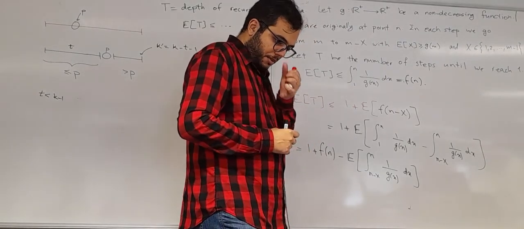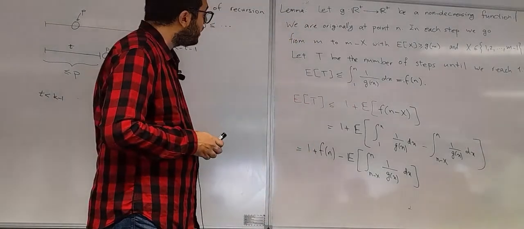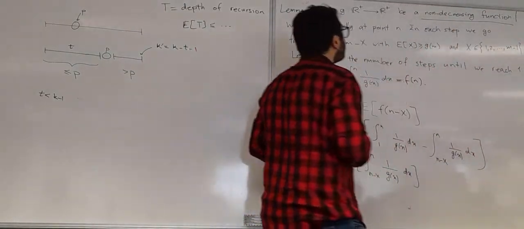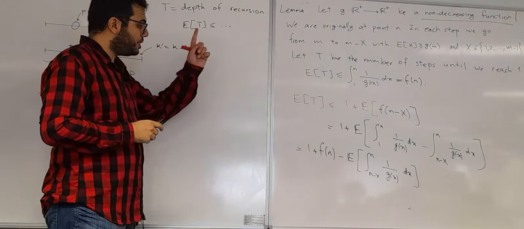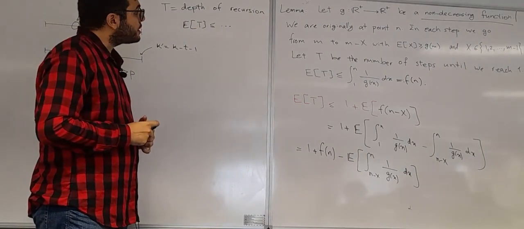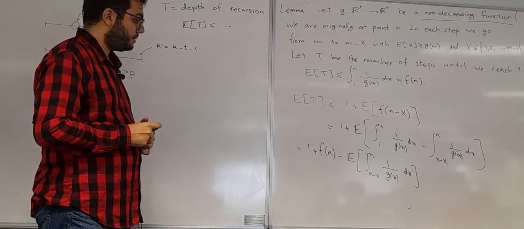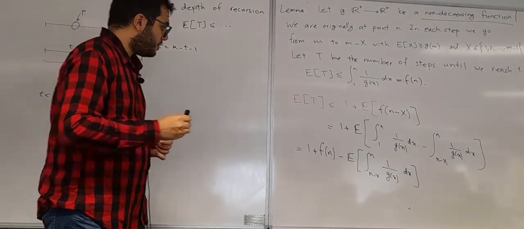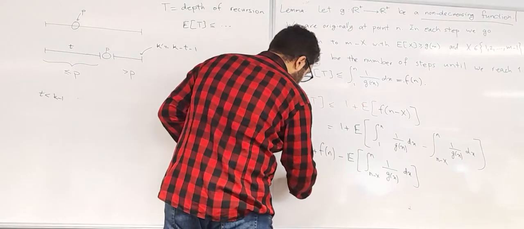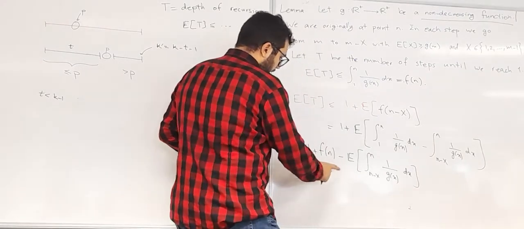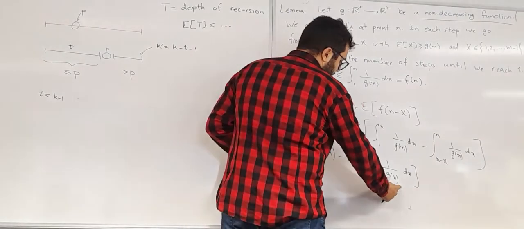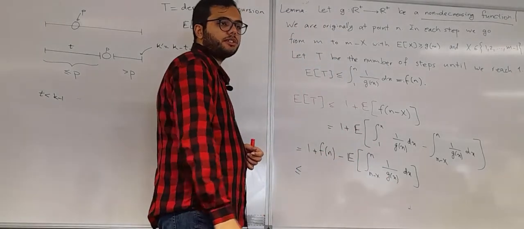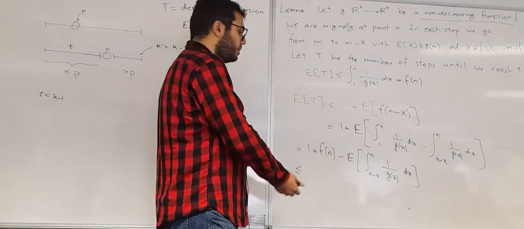Now what can I do? I want to use the fact that my function g was non-decreasing. So I can say that this is at most, keeping all of these things, but instead of g of x, I put g of n, because my function g was non-decreasing and I'm finding a bound.